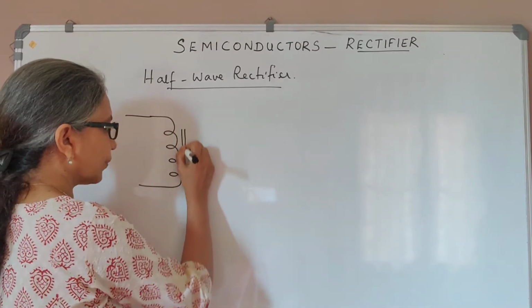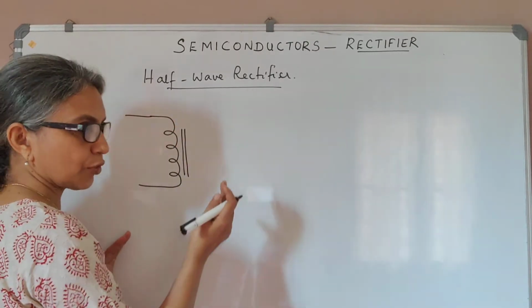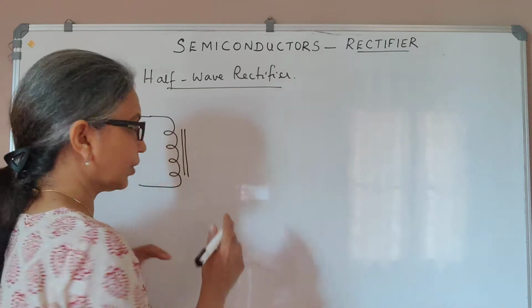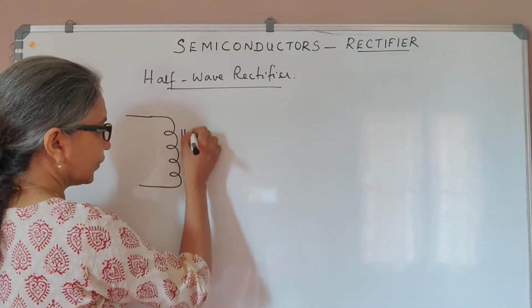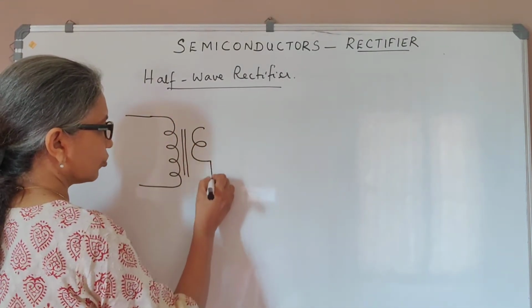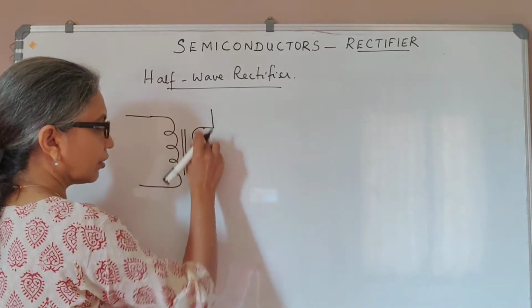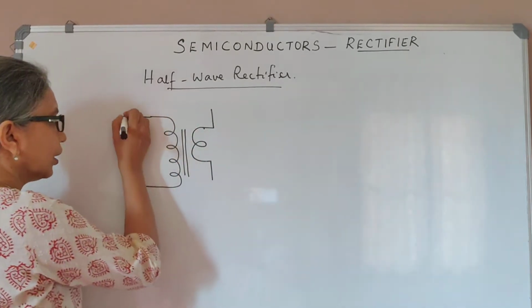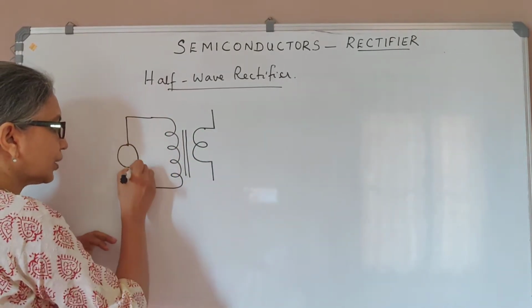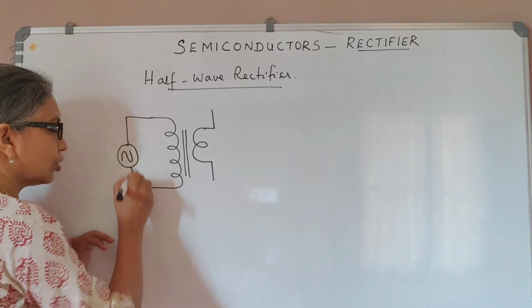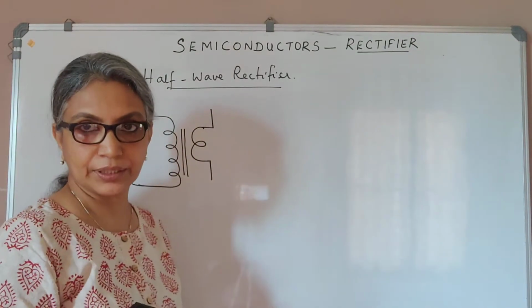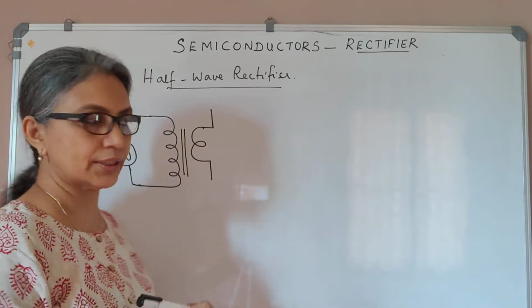The two lines here represent the symbol for a transformer, mutual induction between the primary and the secondary. This is the secondary coil and this is the primary coil. To the primary coil, we supply the AC voltage that we need to rectify, that we need to convert to DC.